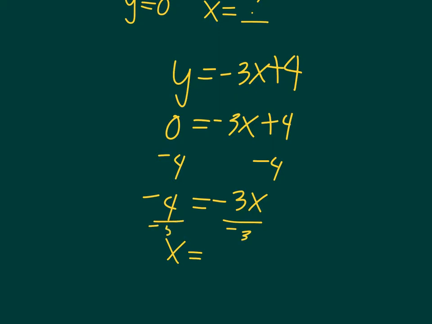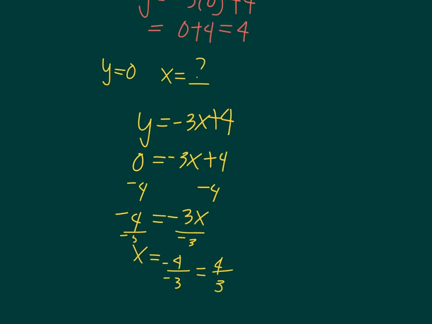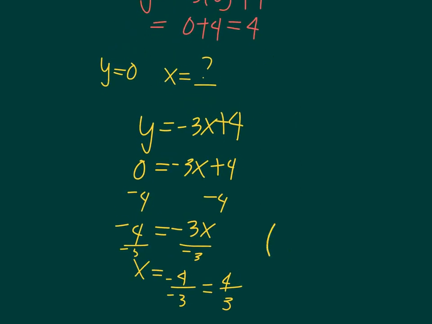So 4 over negative 3 over negative, which is 4 over 3. Okay? And then the answer would be the positive 4 over 3, 0. That's so cool.